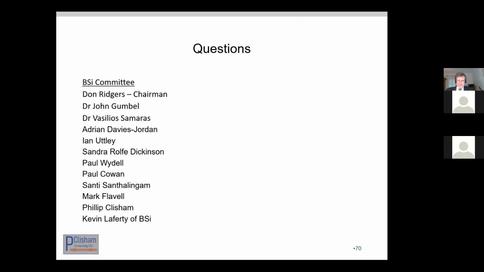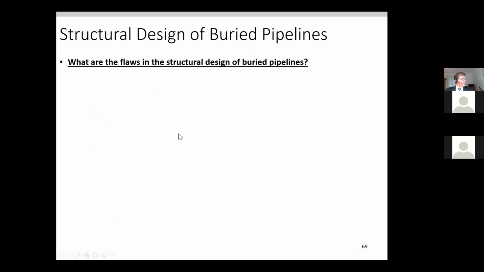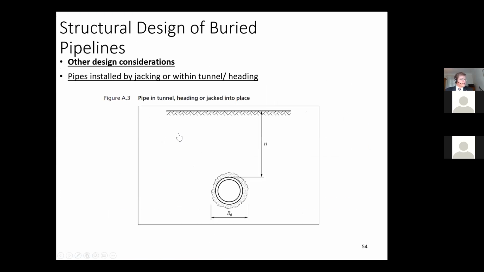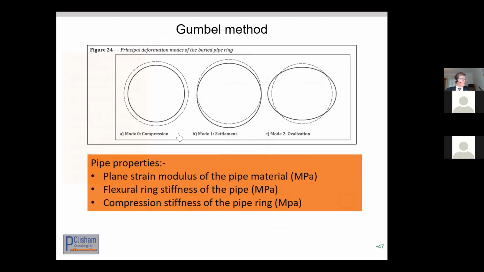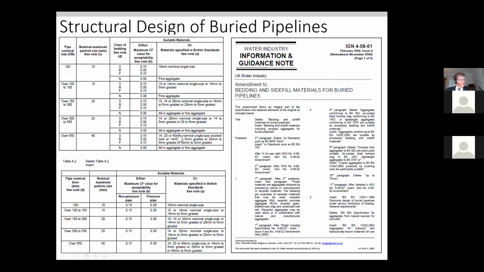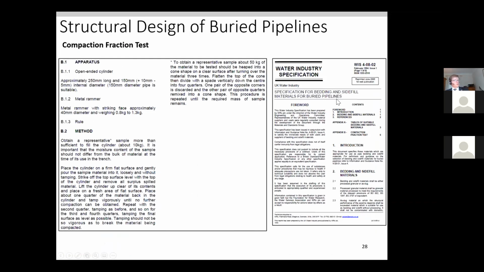Right, so if you look at the IGN and the WIS standard that I highlighted, they are both freely available. You don't have to pay for them from Water UK, so you can get hold of these standards, and these might not be the very latest ones that I have. That's a subject potentially for a future session, but it's IGN 40801 and WIS 40802.